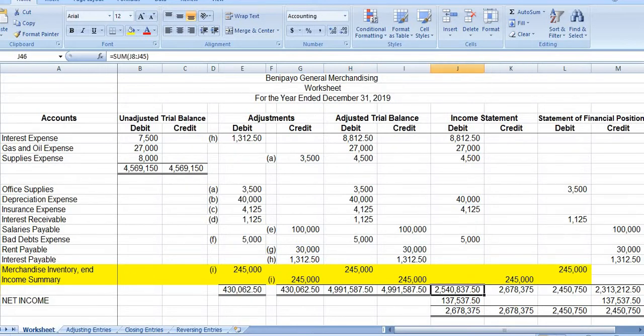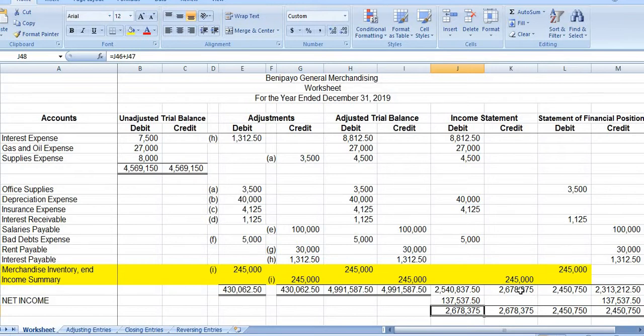After getting the totals, get the difference between the total debit and the total credit of the income statement columns and write that difference under the smaller amount. Then add 2,540,835.50 plus 137,537.50 equals 2,678,375.